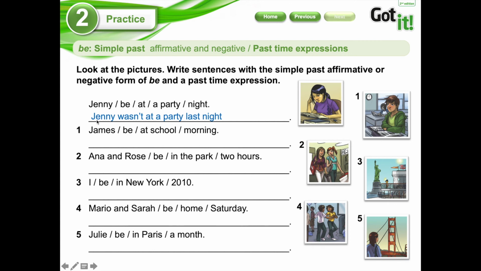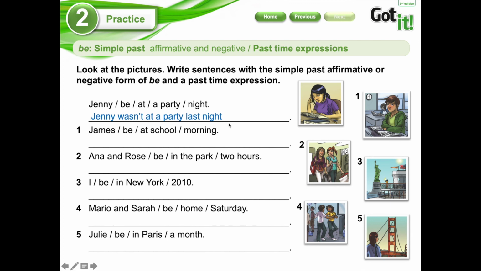Was or were, is a she, so is singular, so is was. Then says at a party last night, so I try to pay attention here, and she's not in a party, so Jenny wasn't at a party, and here I have night, so I must use last. Jenny wasn't at a party last night.